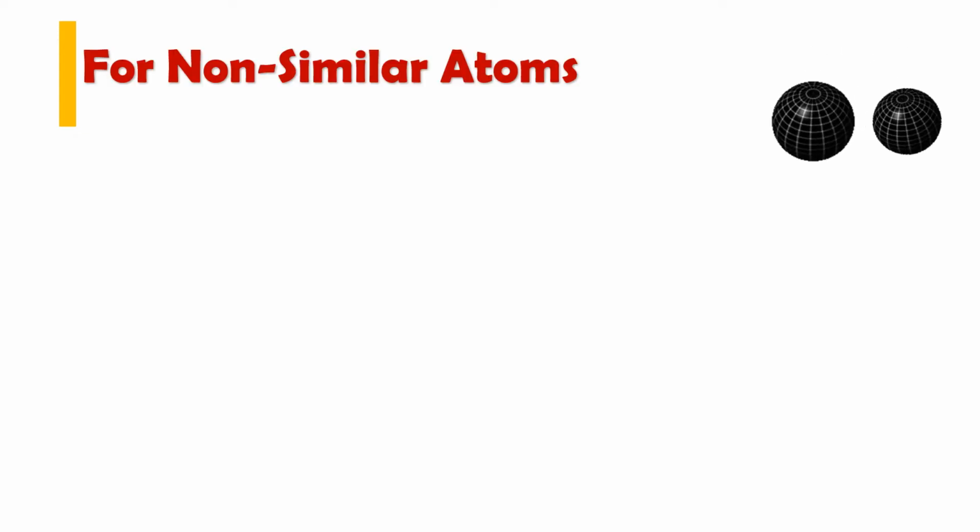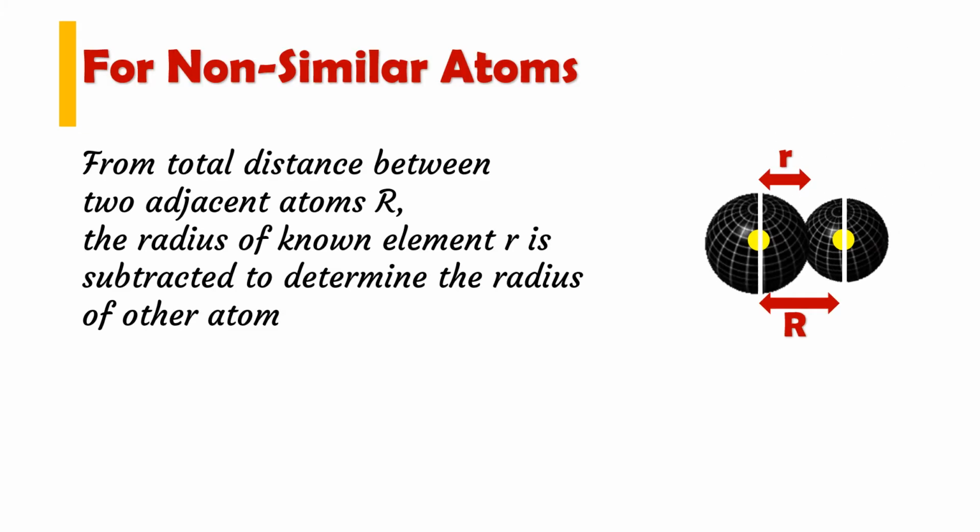How can we measure the atomic radius when atoms are non-similar? For non-similar atoms, we determine the total distance between two adjacent atoms, which is equal to R, by using X-rays. The radius of the known element is subtracted to determine the radius of the other atom, whose radius is to be determined.